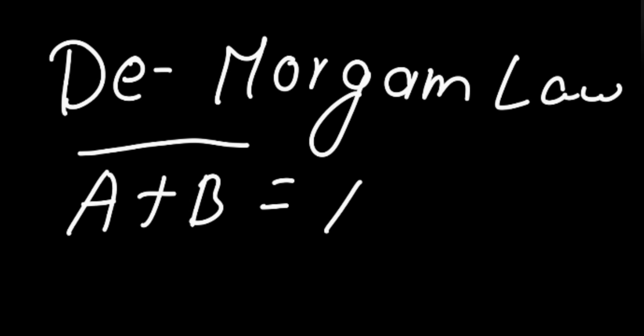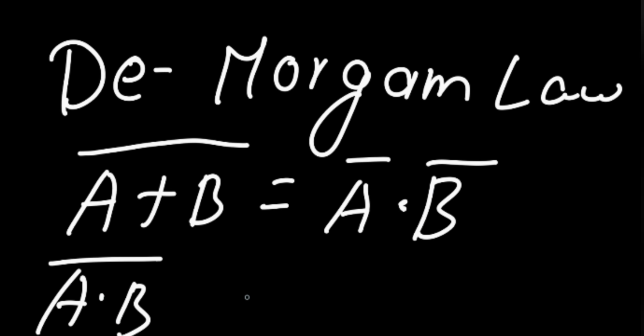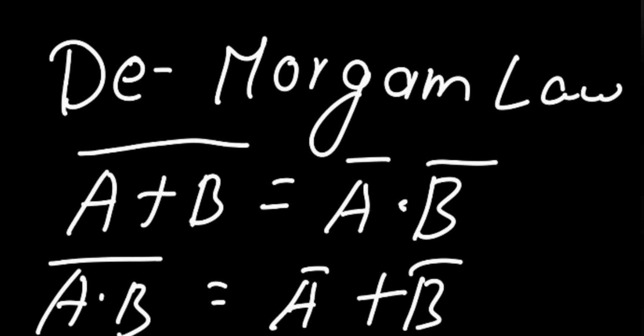It tells us (A plus B) whole complement is the same as A single complement AND B single complement. Similarly, (A AND B) whole complement is the same as A complement OR B single complement. You may ask how. Let's see using the logic gates.